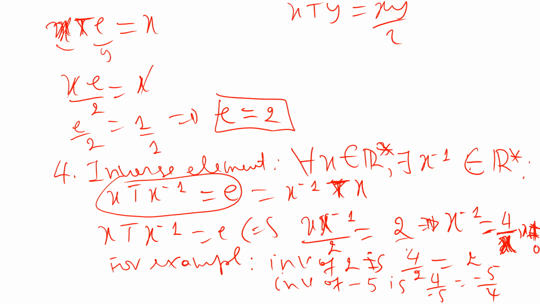Then to verify if it is an abelian group, we need to verify property number 5, which is commutativity.